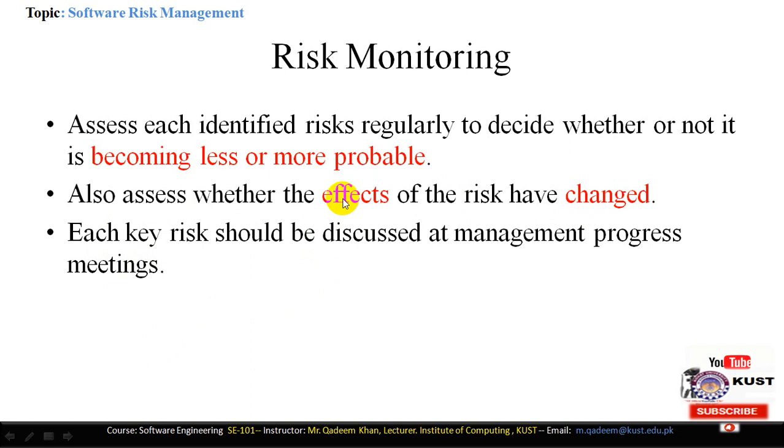Sometimes the risk is not very serious, it is tolerable, but in another month it becomes very serious. So we have to monitor the risk. Each key risk should be discussed at the project progress meeting. So when we have the project progress meeting, the manager must discuss each and every phase and each and every risk here.